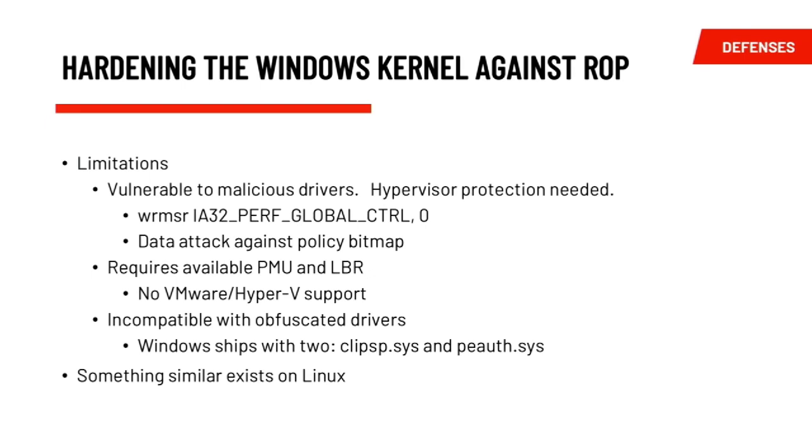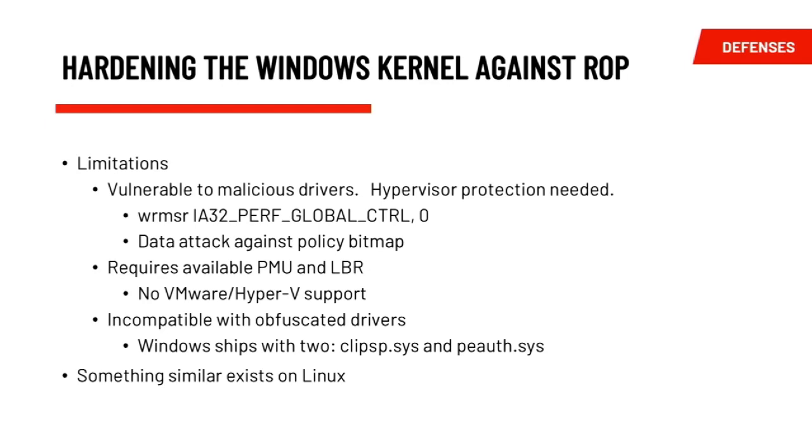This is not currently true on Hyper-V or VMware. VMware does expose the PMU, but not the LBR. However, the VBS, or virtualization-based security, hypervisor in newer Windows 10 does make it available. So it is available on native hardware if you have HVCI enabled.